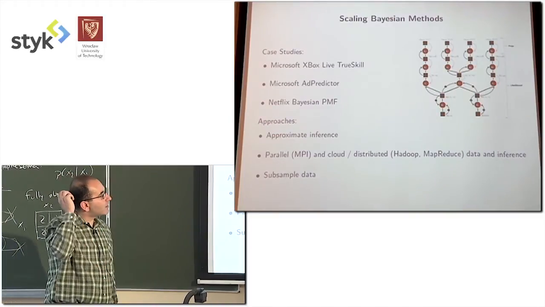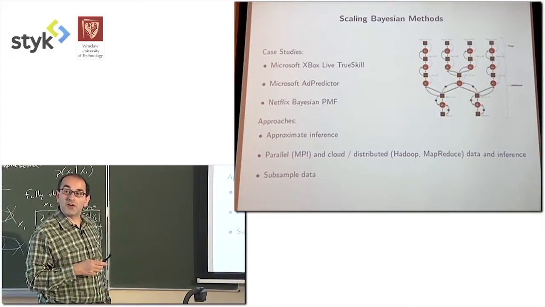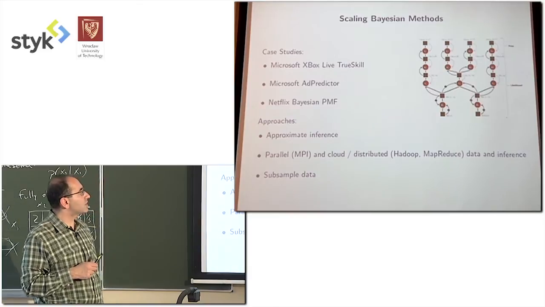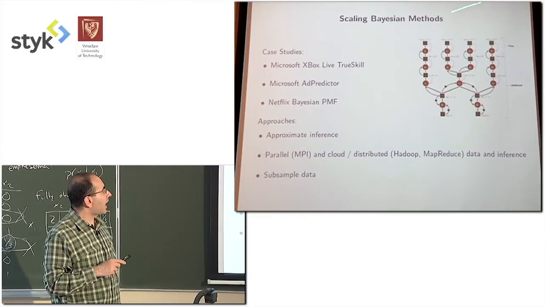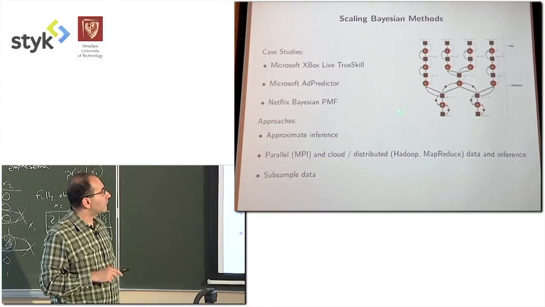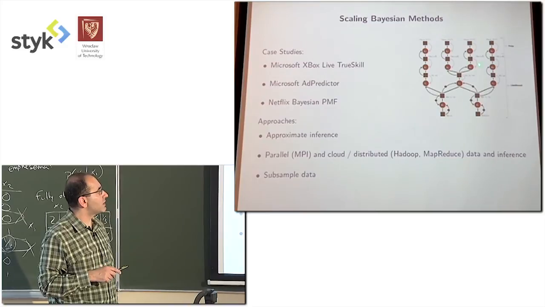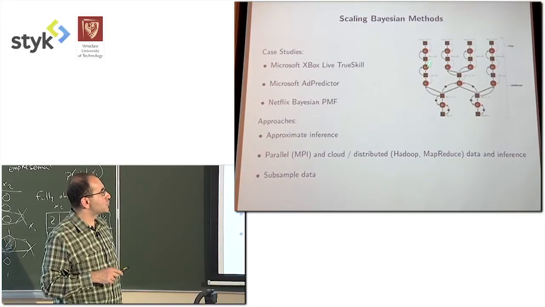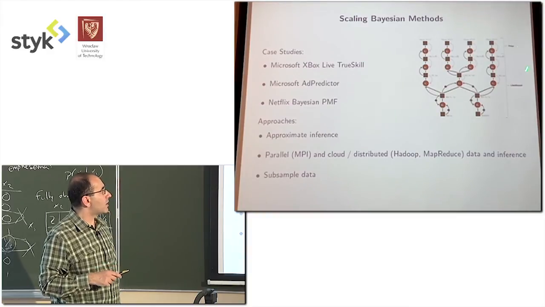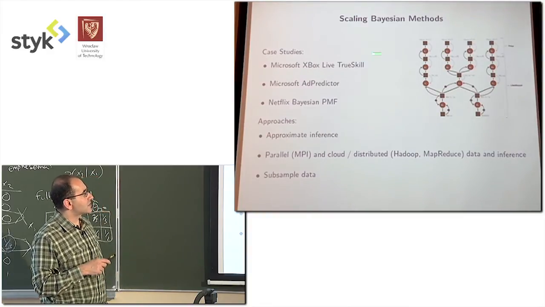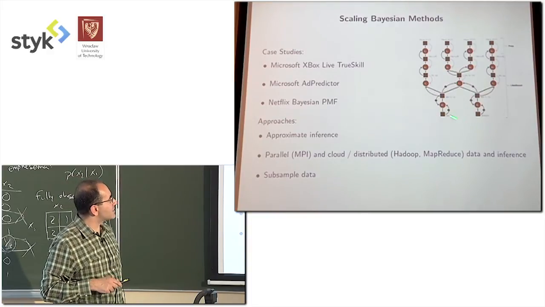Okay? And then I just wanted to briefly talk about scaling of Bayesian methods, in particular graphical model-based methods. The example of TrueSkill is a very nice one, because here's just a snippet from the original TrueSkill paper, where they basically scale this up to run on millions of people doing message passing.